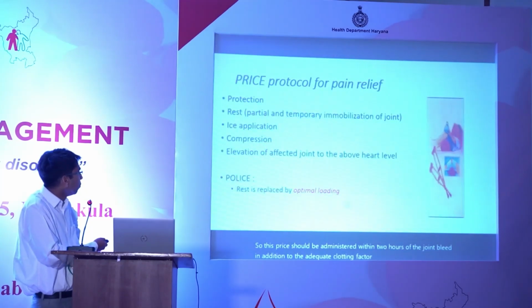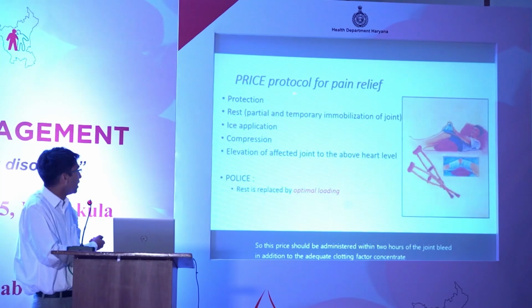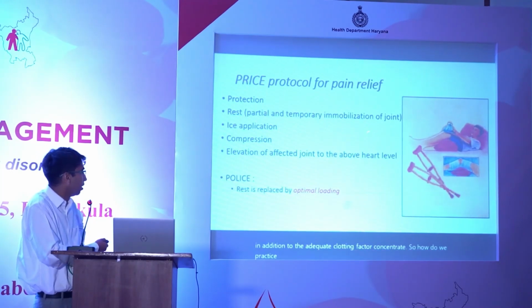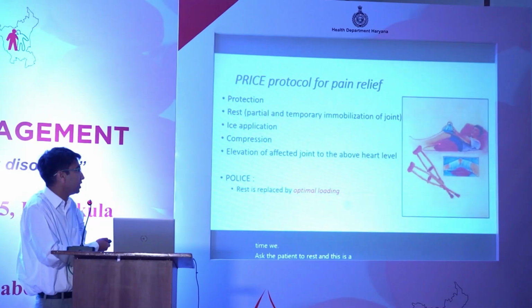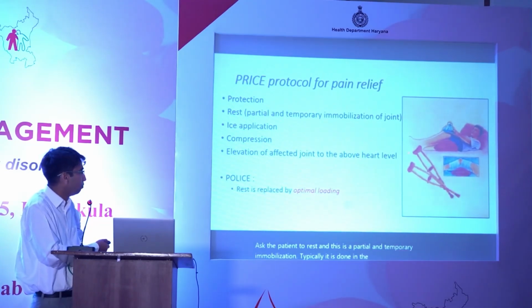So how do we practice PRICE? First is protection. We offload the joint for that time. We ask the patient to rest, and this is a partial and temporary immobilization. Typically it is done in a 50% flexion position.